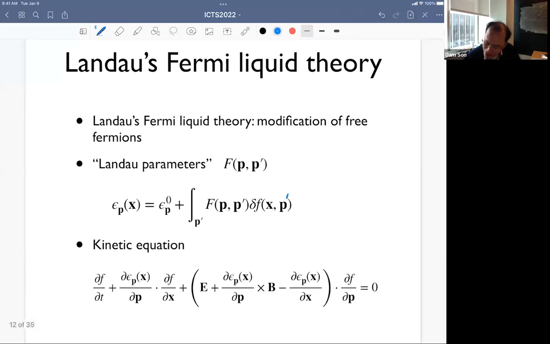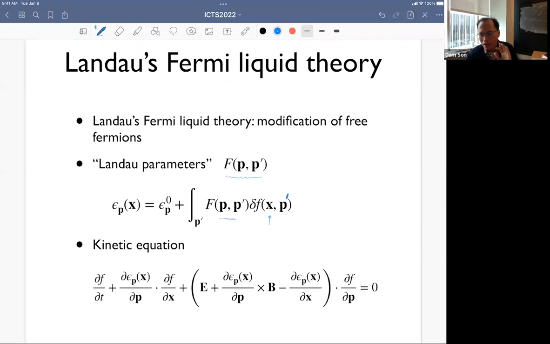The presence of a quasi-particle at momentum p prime influences a quasi-particle at momentum p and modifies its energy in a way that is local in space, but can be non-local in momentum space. Local in x, but can be non-local in p. This set of parameters F, as a function of two momenta p and p prime, is called the Landau parameter.